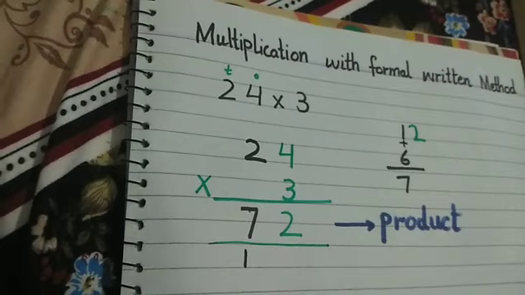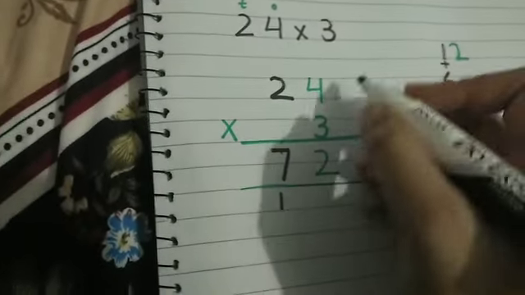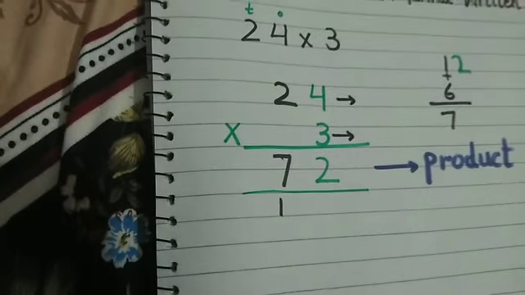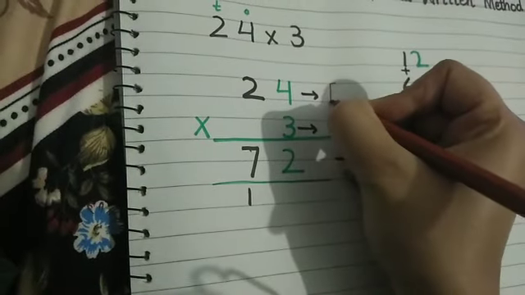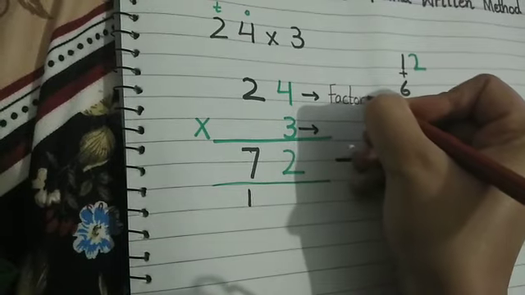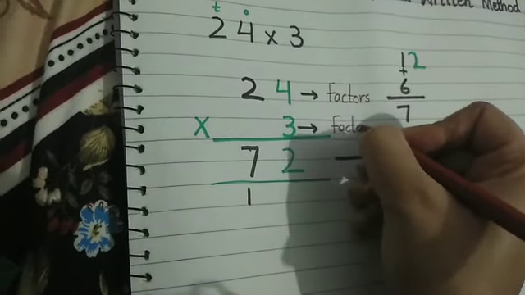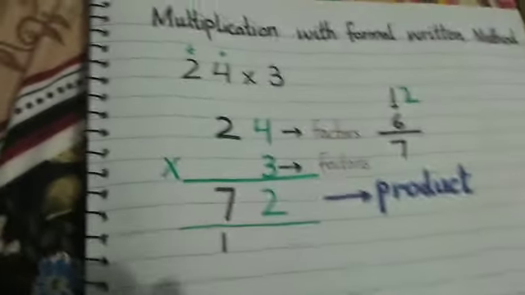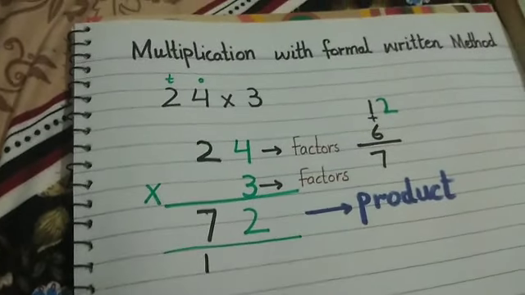Okay, and these 24 and 3 are called factors. These are called factors.